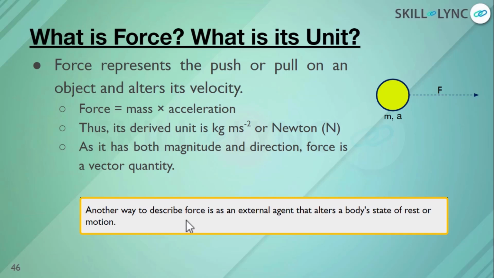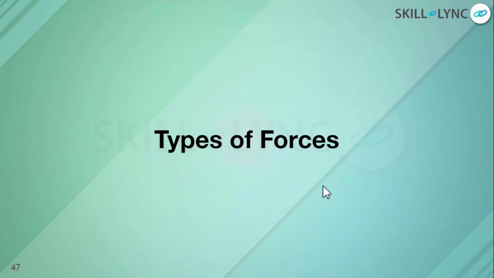Another way to describe force is as an external agent that alters a body's state of rest or motion. Likewise, here a body was at rest and on the application of force, it starts to move. The similar thing can happen if a body is moving and a braking force is applied to decelerate the body and make it come to rest.